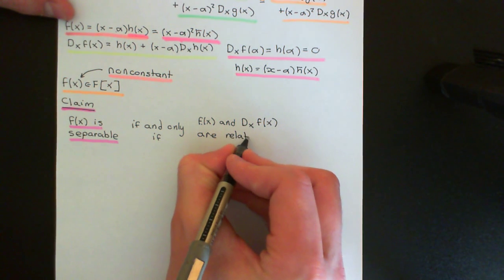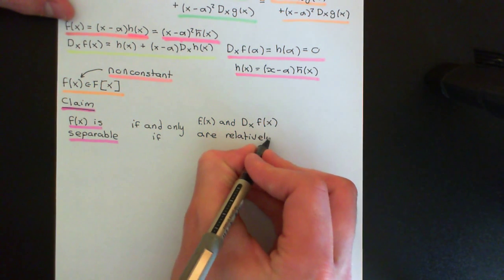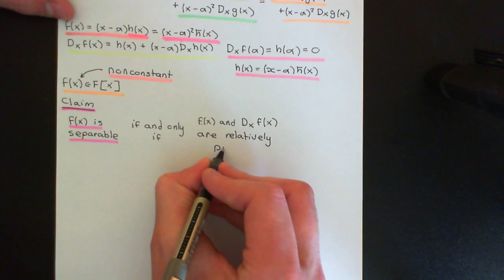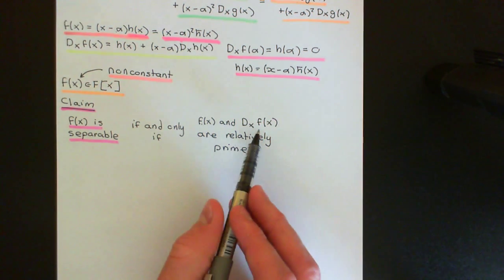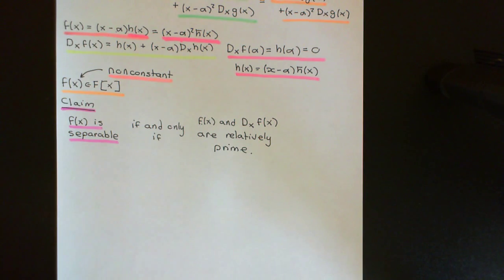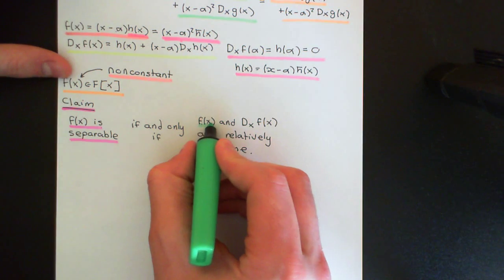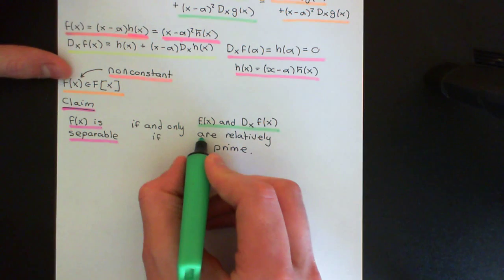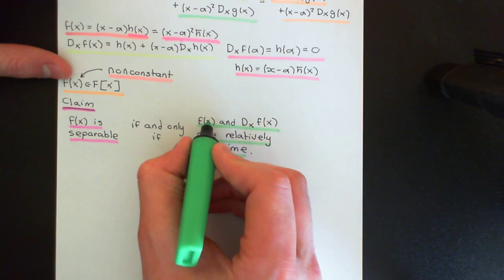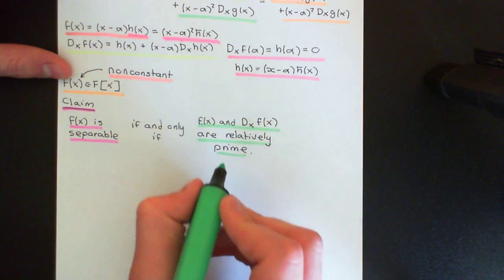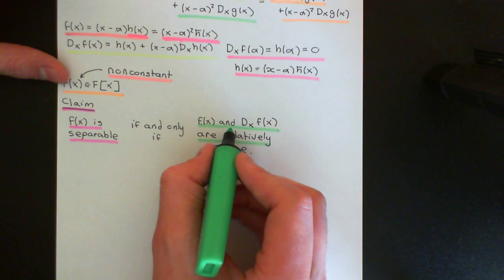Now what does relatively prime mean? Relatively prime means that the only common divisors of the two of these, so the only polynomials in the ring of polynomials over the field F that are common divisors for both of these, i.e. each of these is a multiple of that common divisor, are units.